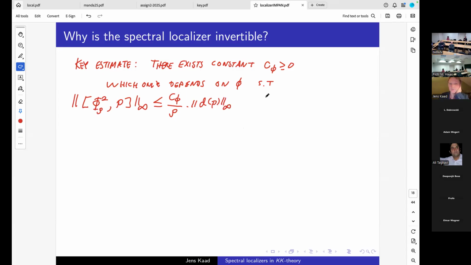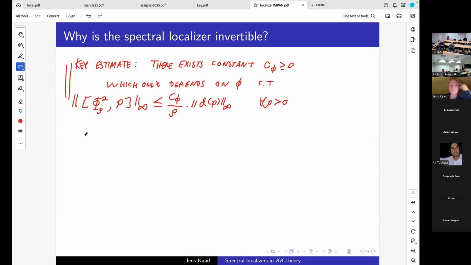This estimate is true for all parameters rho strictly greater than 0. This is a key estimate that I'm going to use when I check that the spectral localizer is invertible.